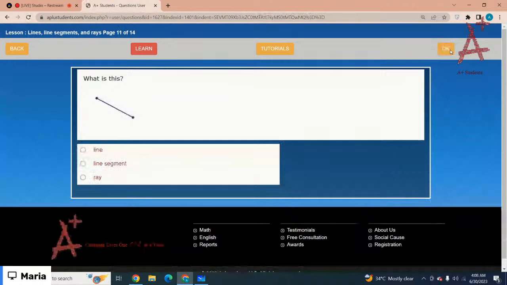No, this one is a line segment because it has two endpoints. If it has just one endpoint, that would be the ray, and if it has no endpoint, then that would be the line. So for this one, it has two endpoints, so it would be the line segment. The correct option is line segment.